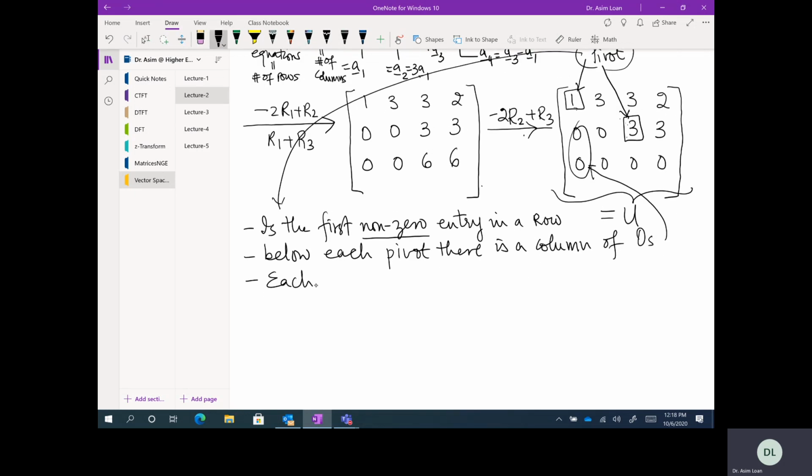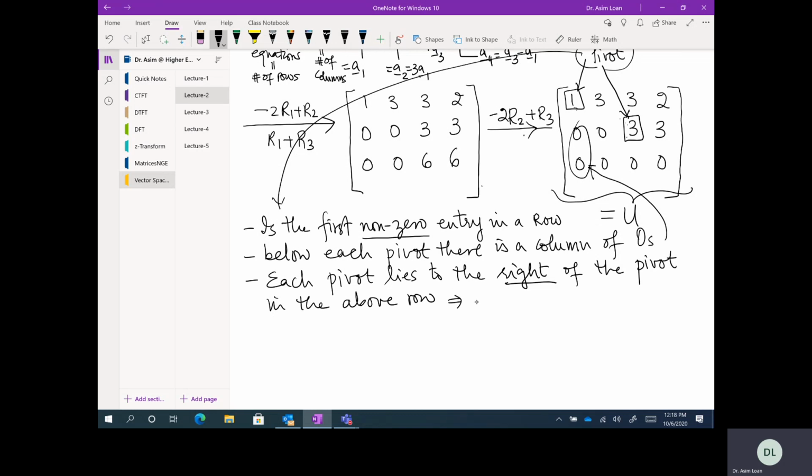So each pivot lies to the right of the pivot in the above row, and this produces the staircase pattern, which we are calling an upper triangular matrix.